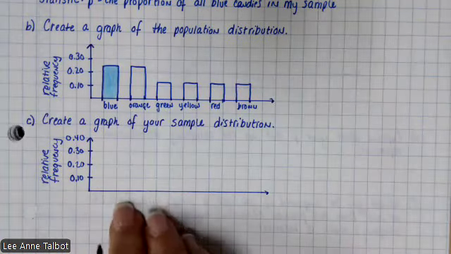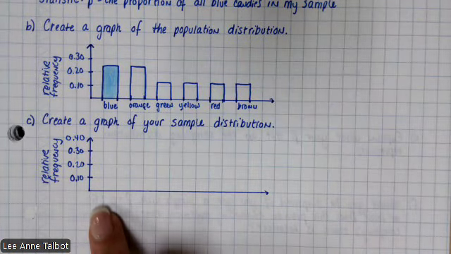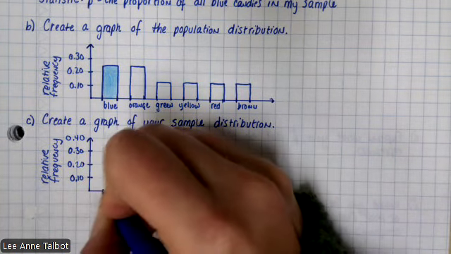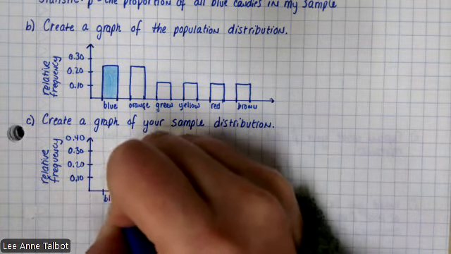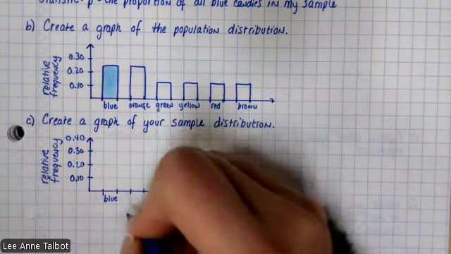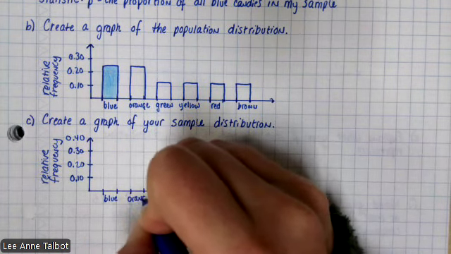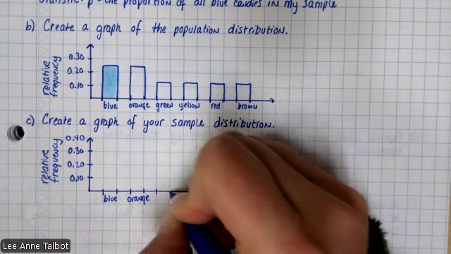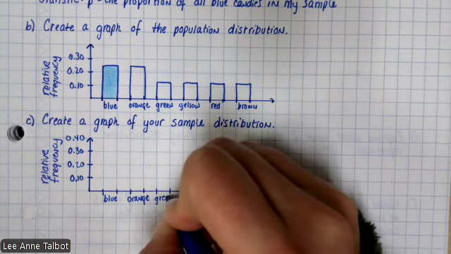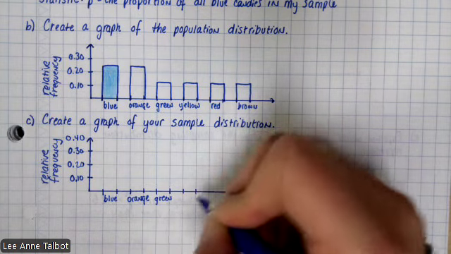You guys know how to do this? So take the number of your color divided by 20.